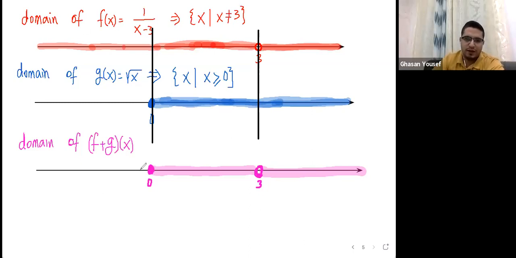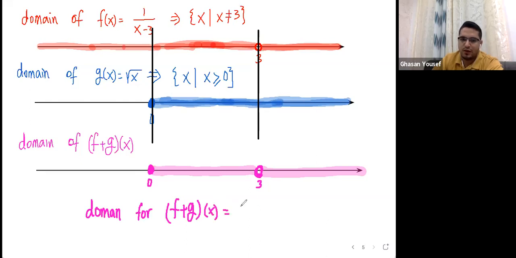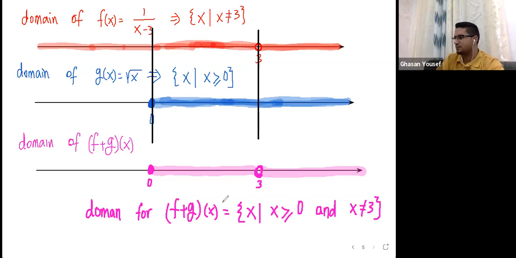So the domain of f plus g of x is x greater than or equal to 0, and at the same time x not equal to 3. Why? Because the 3 is not included inside the domain. Any questions?